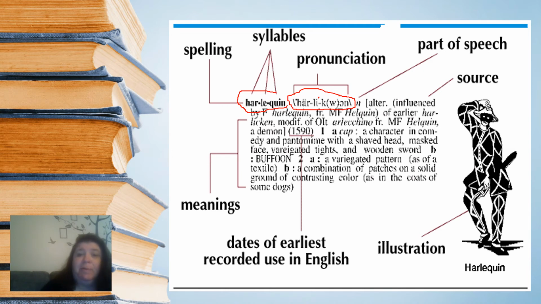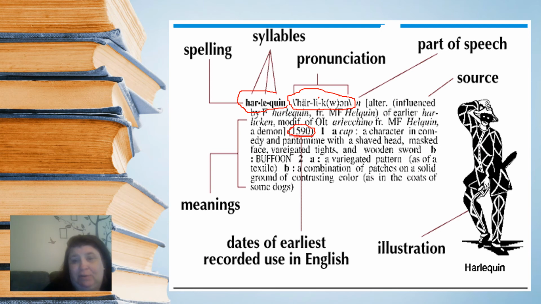Now this one gets a little bit more complex than the one we saw on the last page, because it actually starts giving us sources of the word, where the word origin comes from. So we see here that it was influenced by harlequin, which is a French word, and so we know that this is of French origin. And then we also can see down here that it was first used in the year 1590. So this is an old word.